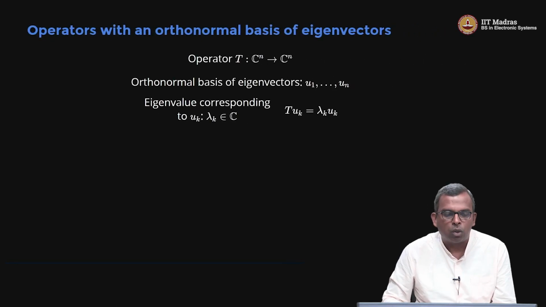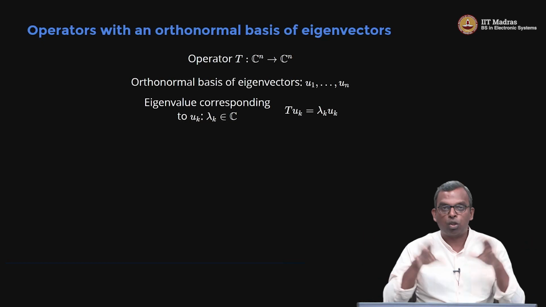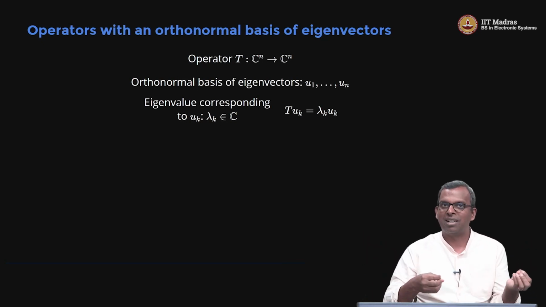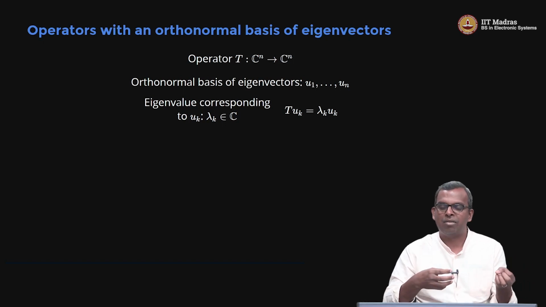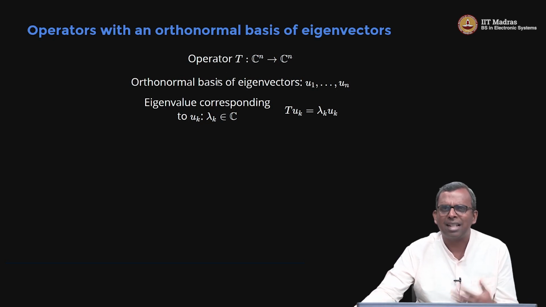If you generally think of any operator which will have an orthonormal basis of eigenvectors, how do we characterize it? We saw that the circular matrices had that, symmetric matrices have that. So let's begin with an operator T from Cn to Cn, and let's say it has an orthonormal basis of eigenvectors, u1 to un.